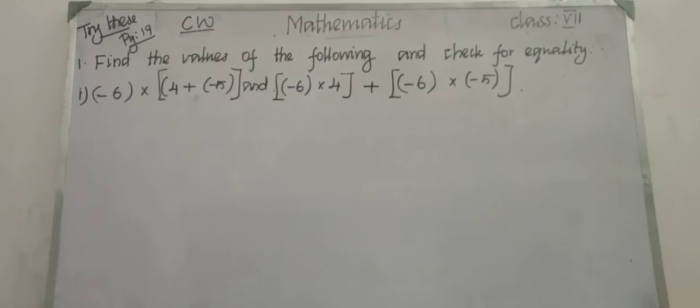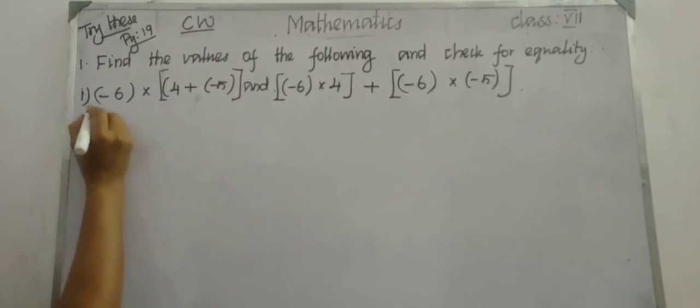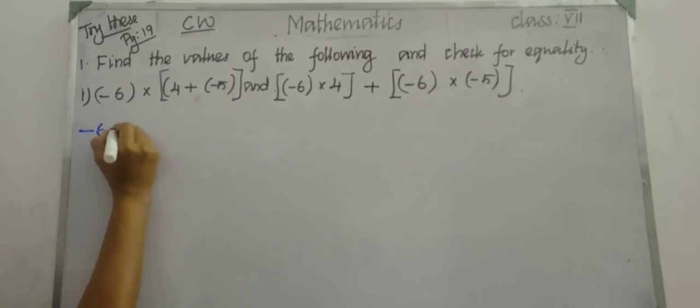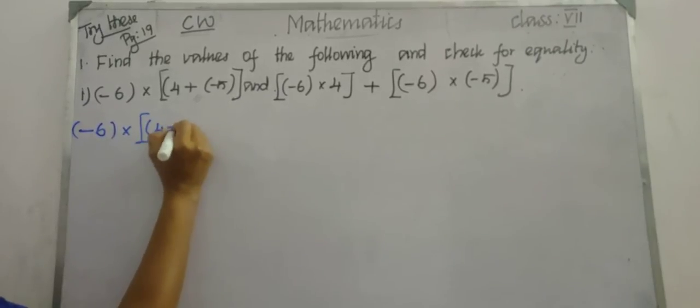First question, find the values of the following and check for equality. The first question is minus 6 into (4 plus minus 5). Okay, first of all let us solve this. So minus 6 into (4 plus minus 5).